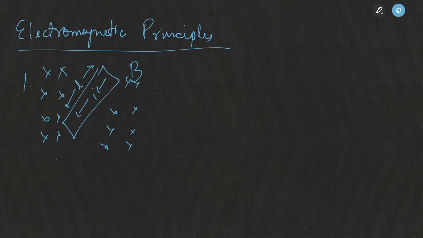This is the principle of operation of a motor. You have a conductor carrying current I placed in a magnetic field. It will experience force. For a linear motion we can say this force is equal to I L cross B.